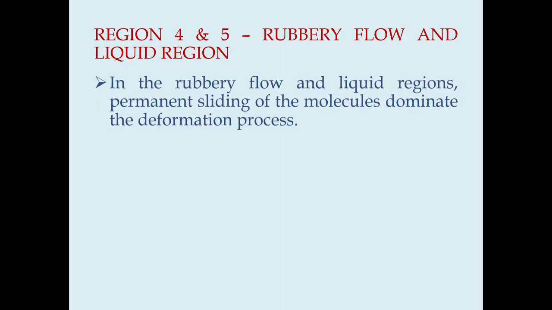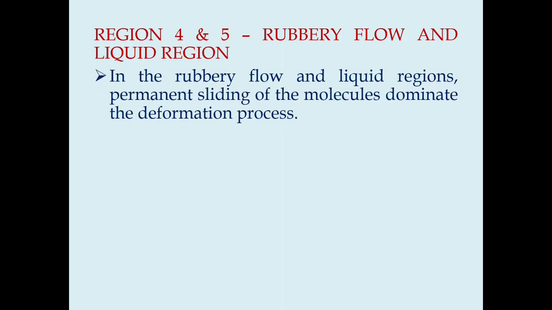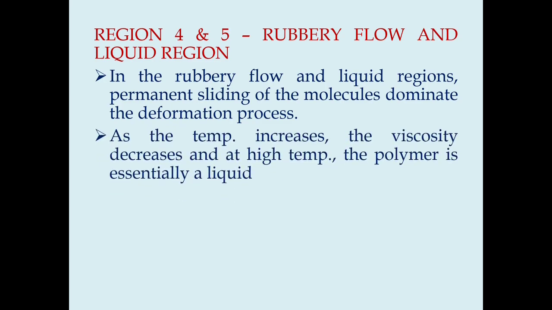And the fourth and fifth regions, that is the rubbery flow and liquid regions, where the hard polymer completely transforms into a liquid one. In the rubbery flow and in the liquid region, the permanent sliding of the molecules dominates the deformation process. So, the polymer molecules pass one over another.